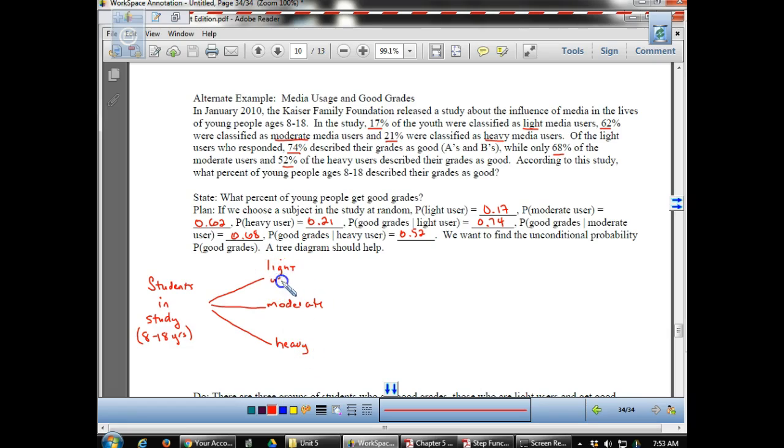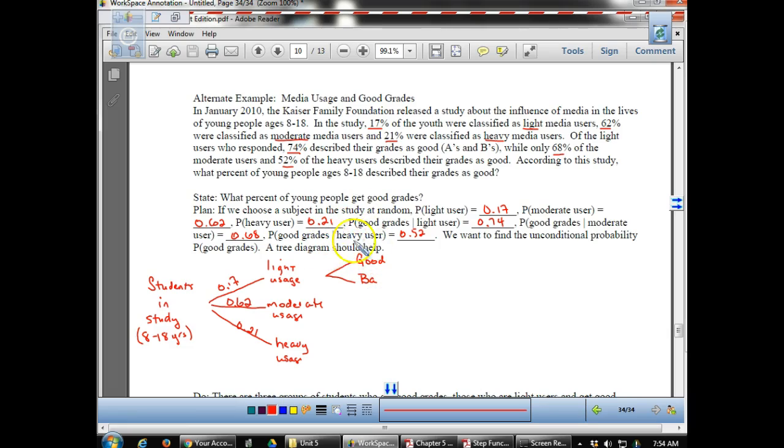And this would be users or usage. Okay, let's put some probabilities here. 0.17, 0.62, and 0.21.